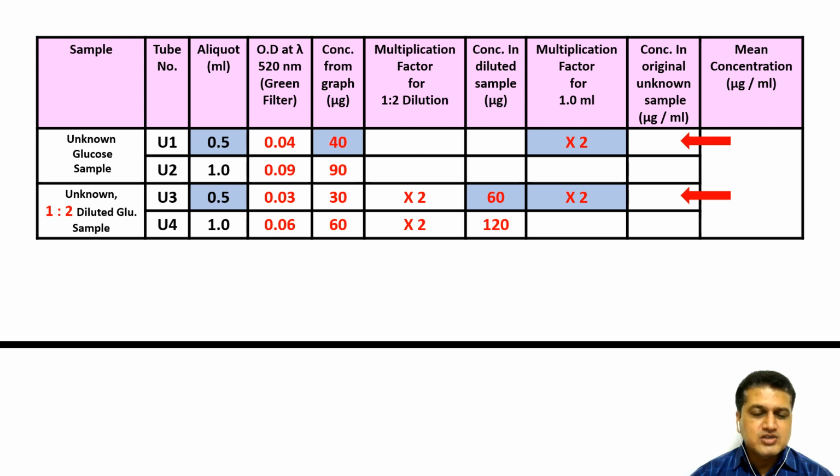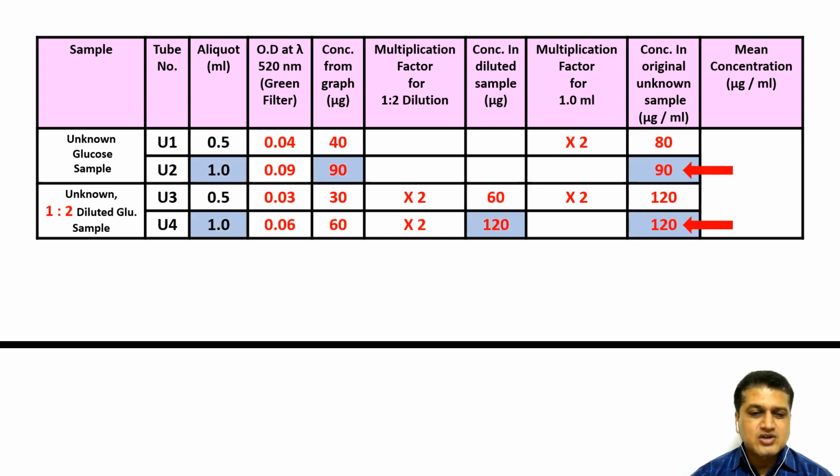The aliquots of sample U1 and U3 is 0.5 ml. So, their concentrations must also be doubled to get final concentrations per 1 ml. Now, the concentrations of U1 and U3 are 80 and 120 micrograms per ml respectively.